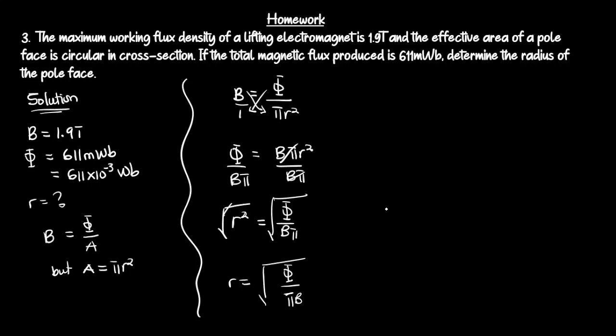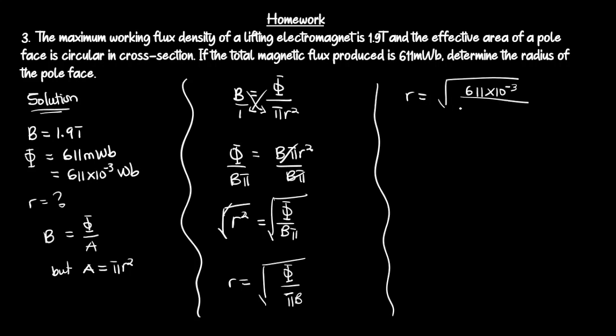All right, so this means that my radius is equal to the root of my phi, which is 611 times 10 raised to the power minus 3, over pi and B. My B is equal to 1.9, so I have 1.9 pi.